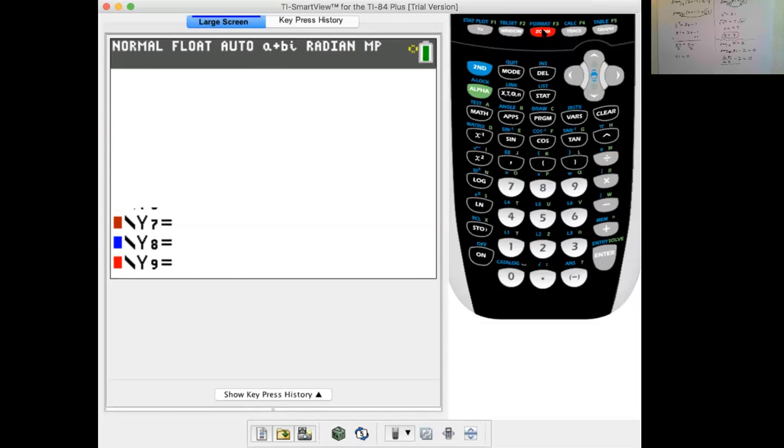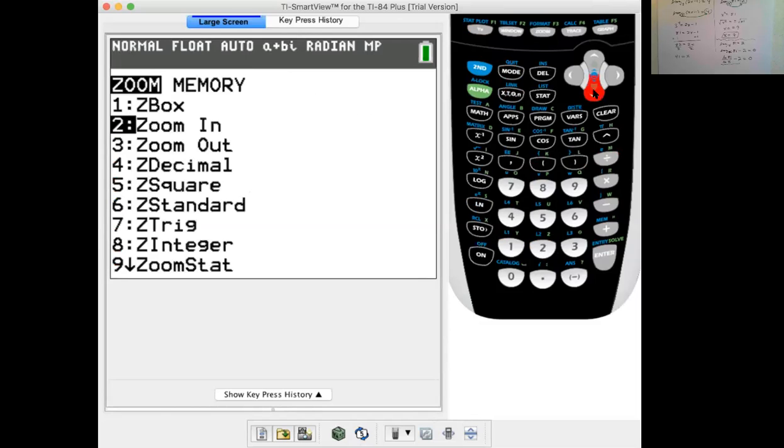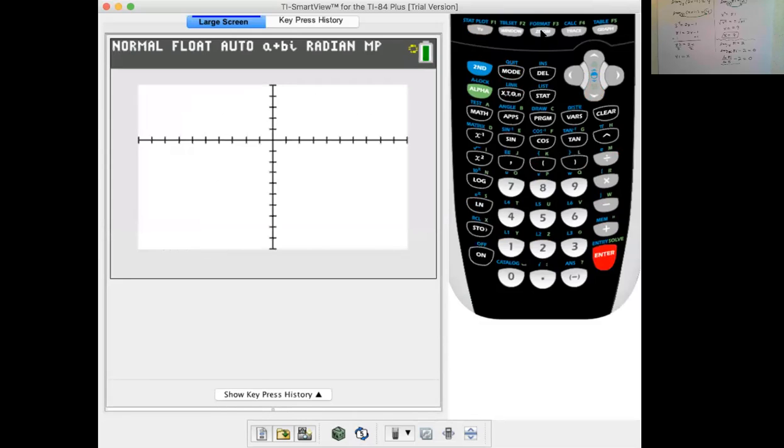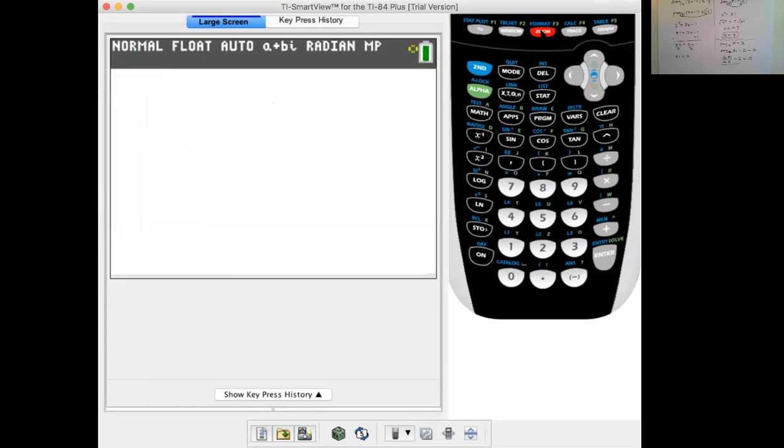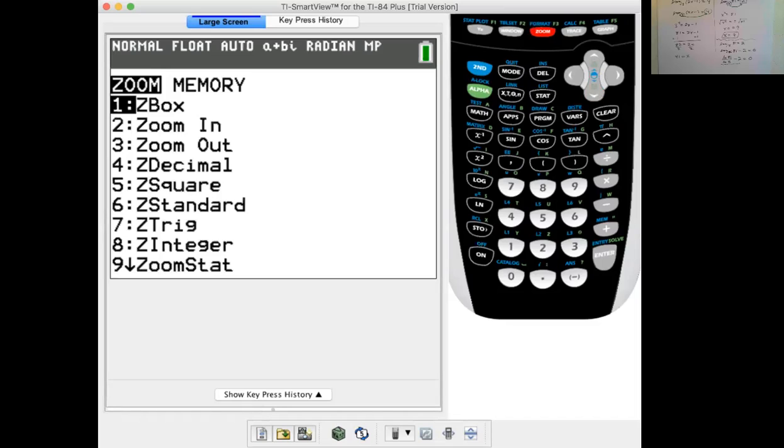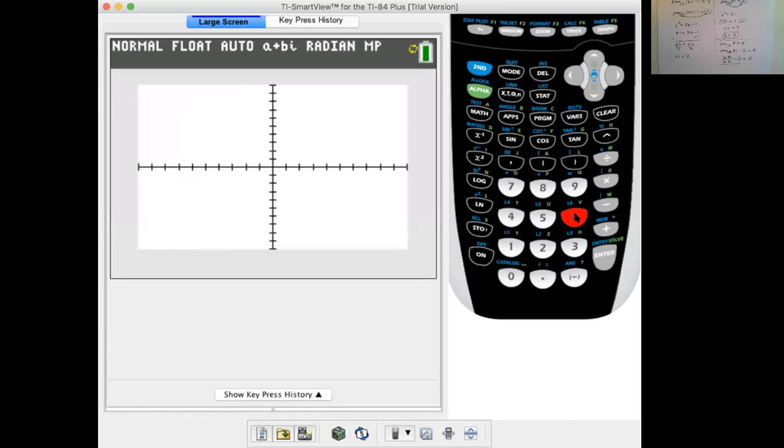So let me go to zoom standard and see if it looks like it's happening at 9. Oops, looks like I didn't hit zoom standard. So I'll try that again. Zoom standard is 6. My problem is I think it's going to really sit pretty close, and it's difficult to see what's happening out here near 9.